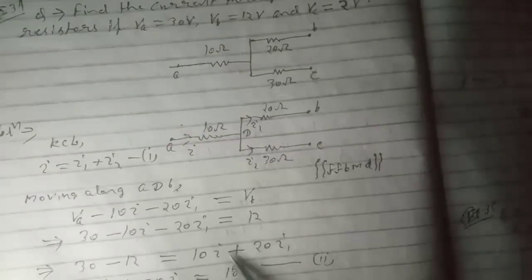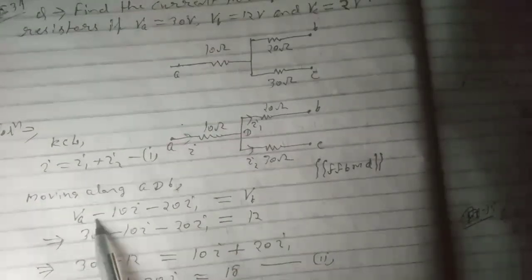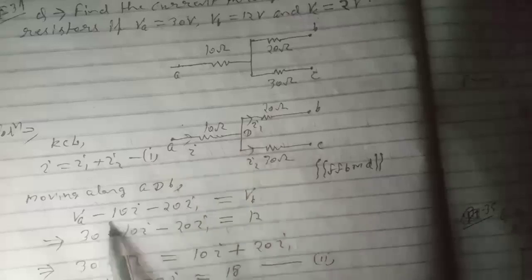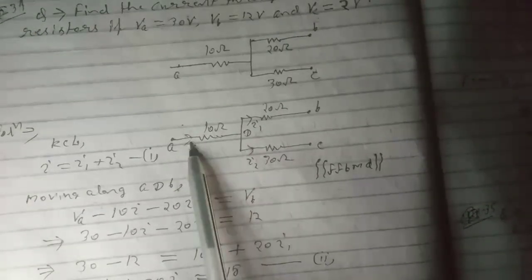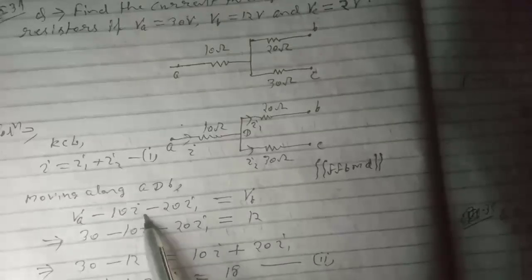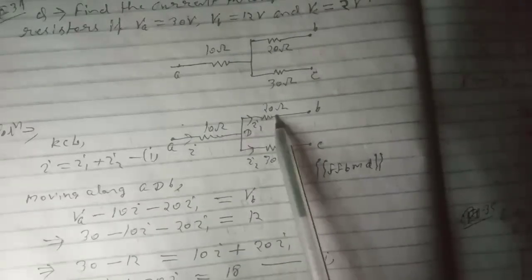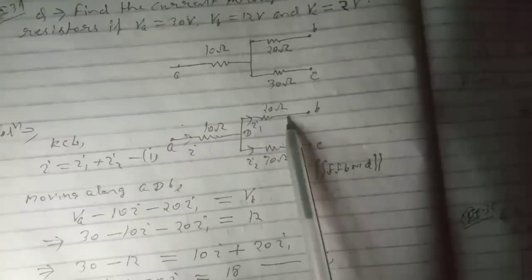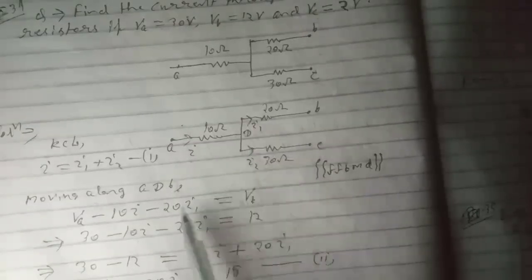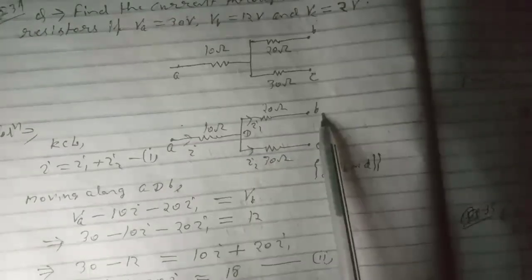Now using the potential drop and potential rise concept, from VA we are going minus 10I, lower minus higher is negative, so minus 10I, and here again we are going from higher to lower, so minus 20I1, equal to VB.